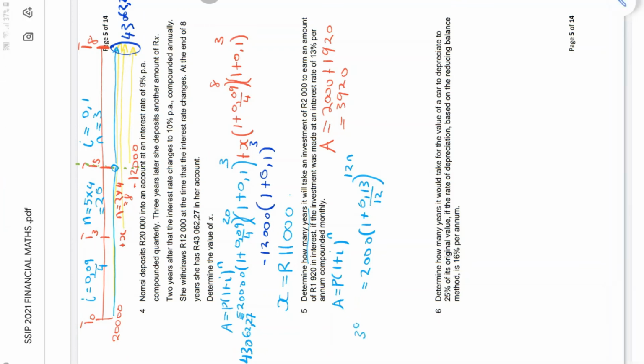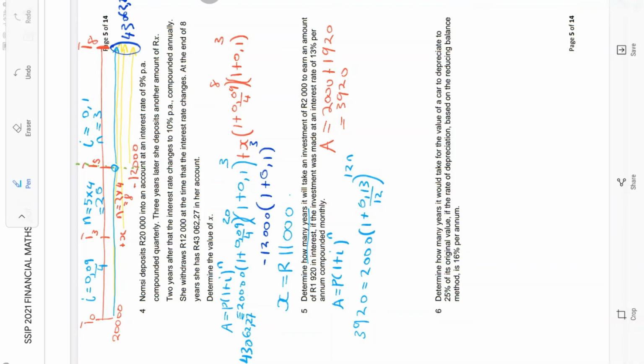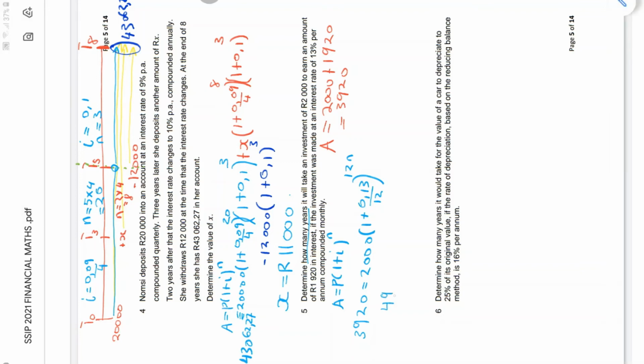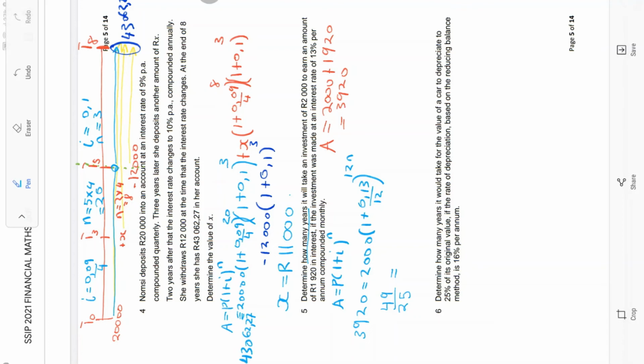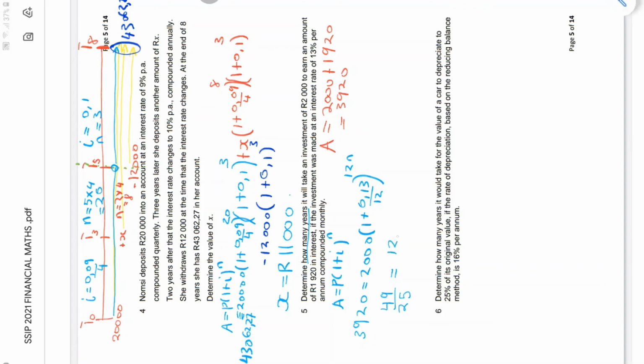So 3,920. So first step, divide by the 2,000. So if you divide by the 2,000, you have 49 over 25 equal to, simplify what you have in the brackets. In other words, 1 plus 0,13 divided by 12, that gives you 1213 divided by 1200.